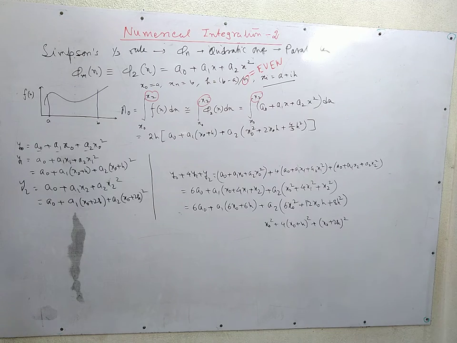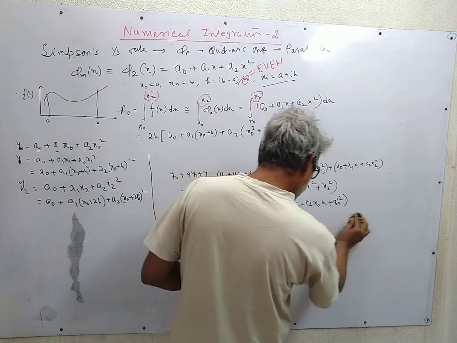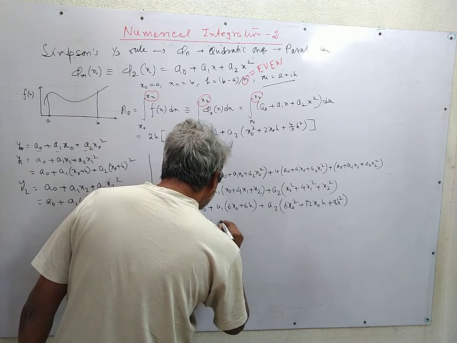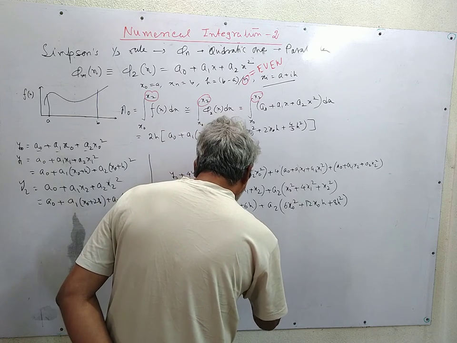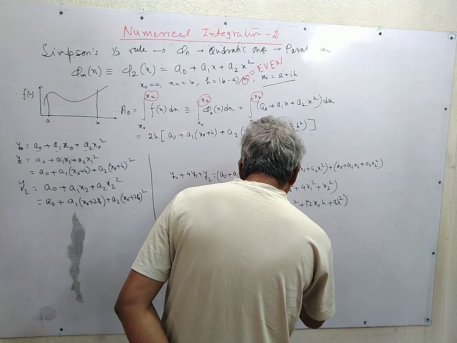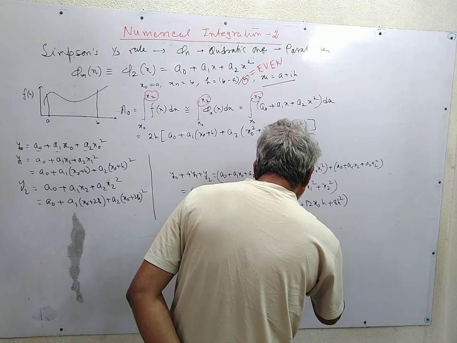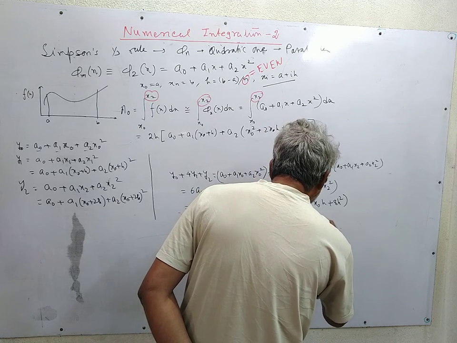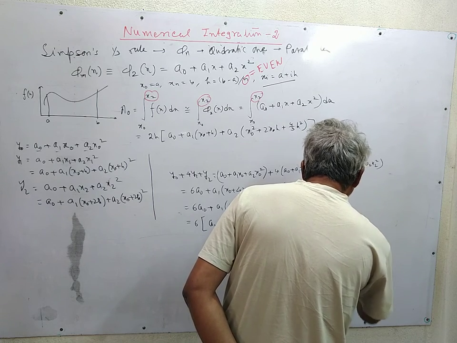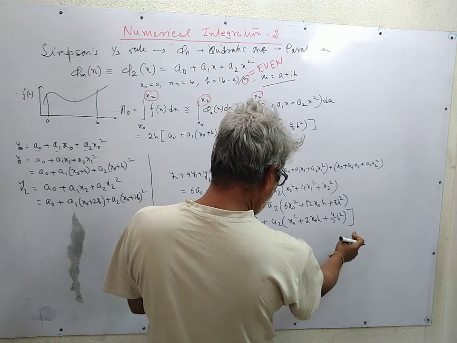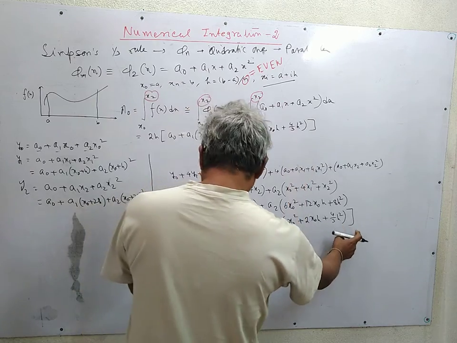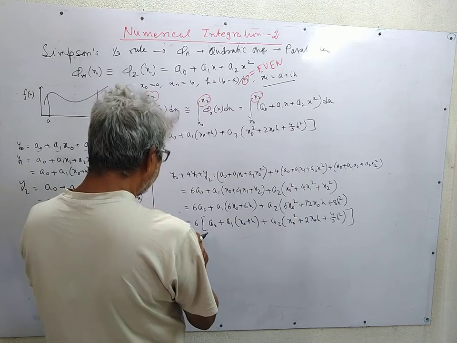If we take 6 common all along, we get 6 times a0 plus a1 (x0 plus h) plus a2 (x0 square plus twice x0h plus 4 by 3 h square). You see the quantity within the square bracket over here exactly matches with this. So to say, we can write it as this thing divided by 6.